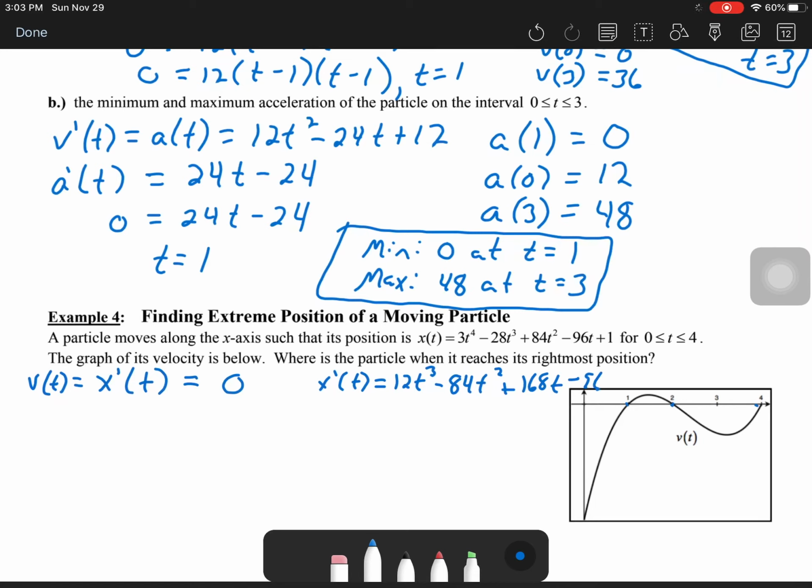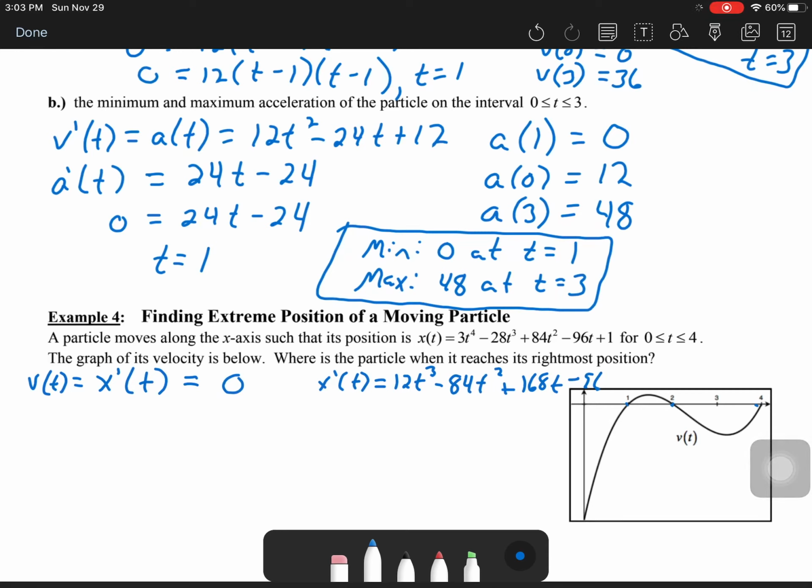Okay, so what we'd want to do is set this equal to 0 and solve it, and we'd probably have to graph that on a calculator to come up with those solutions. But if we do that, what we're going to find is that the zeros of this, when we set our x prime or velocity function equal to 0, we would see this exact graph, and then we could calculate for sure. We could calculate zeros on our calculator. We'd say that 1, 2, and 4 are the zeros. Okay, so those are our critical numbers.